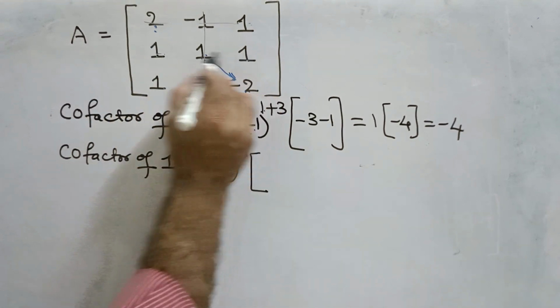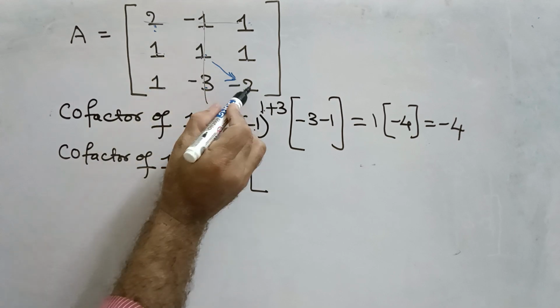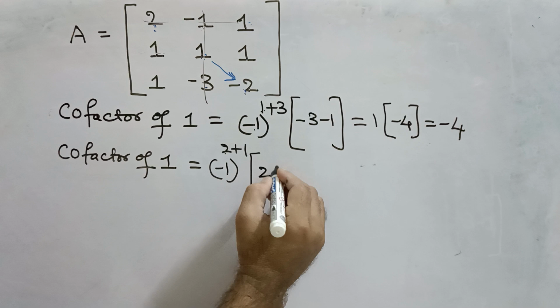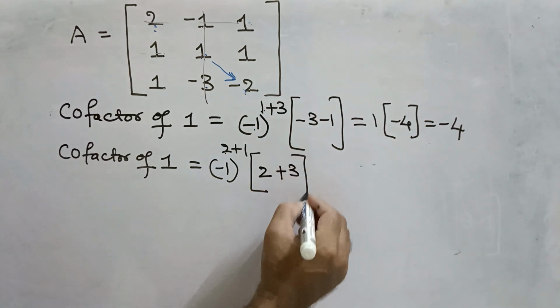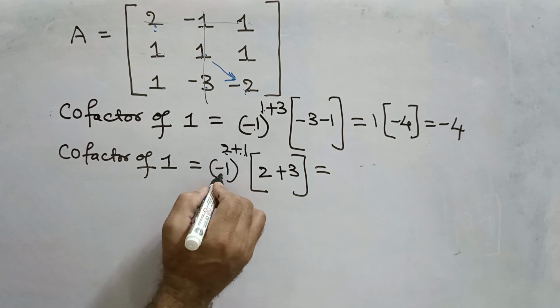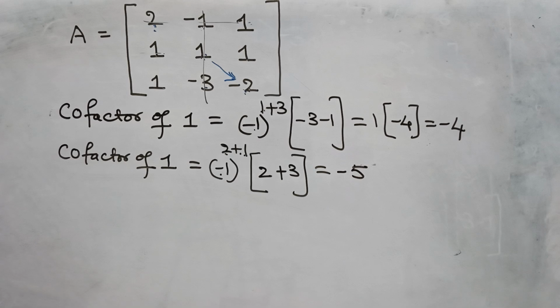Ignore that row and column, then these are the elements. Minus 1 into minus 2, it is 2, and minus into minus is plus, so 3. 2 plus 1 is 3, an odd number, so the minus sign will come. The answer is minus 5.